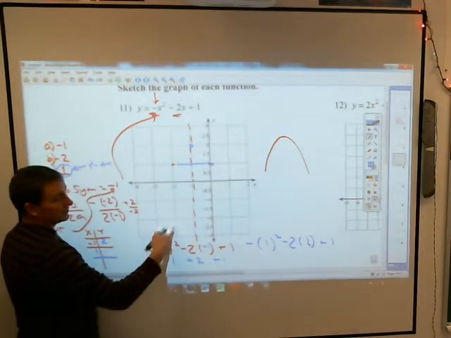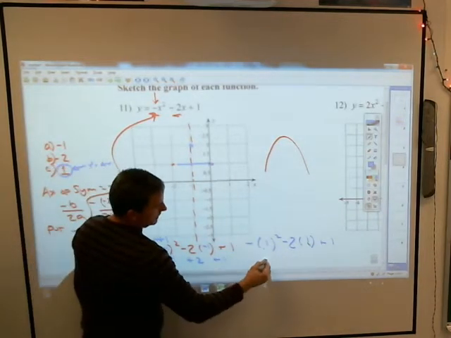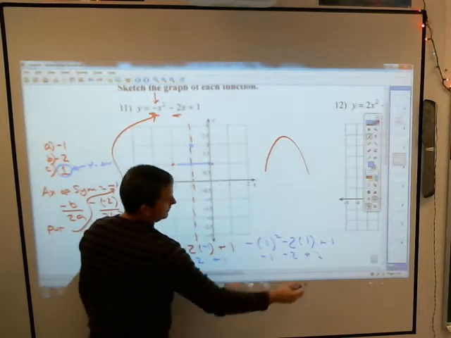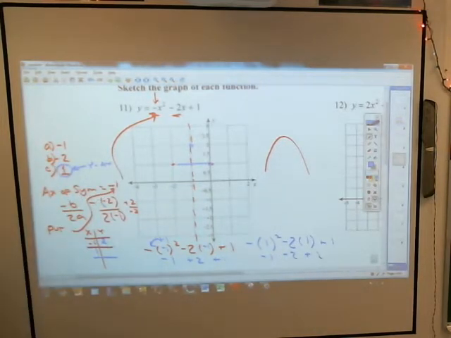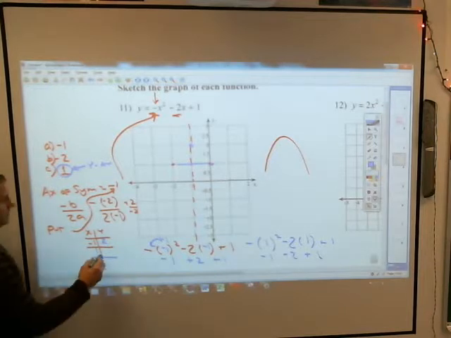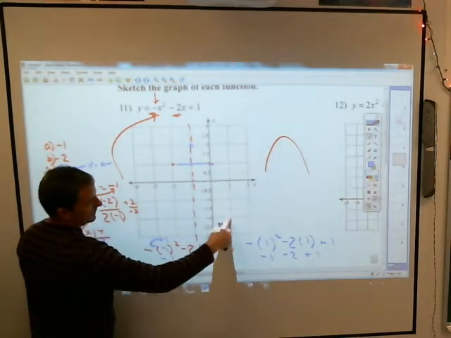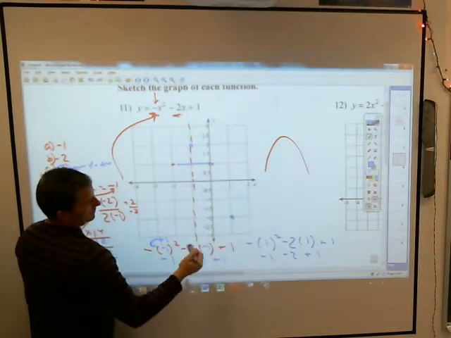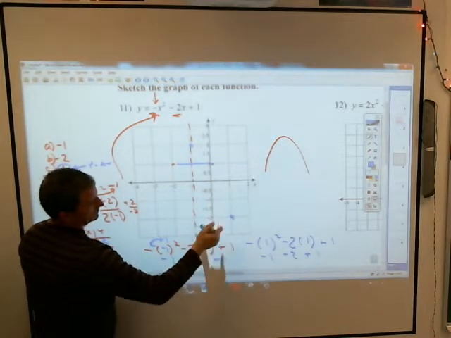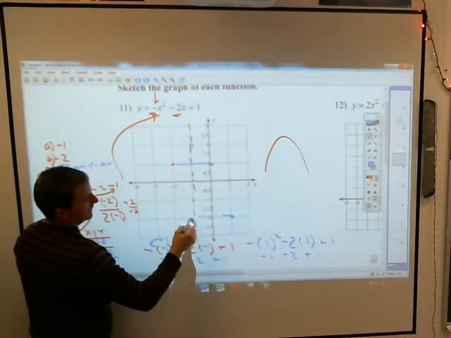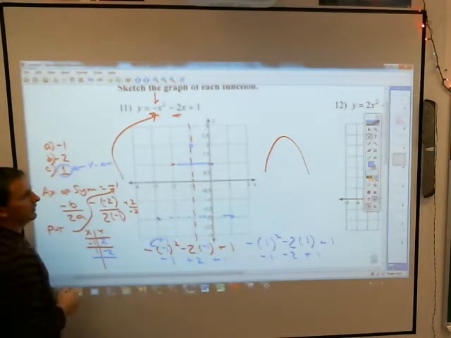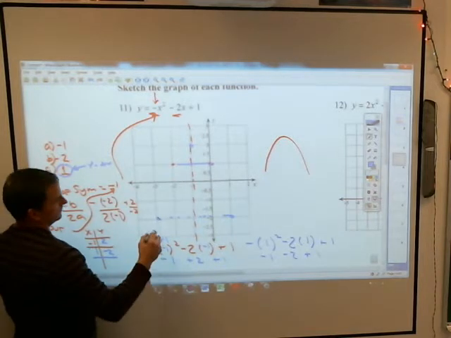Last time I put negative 1s in there because that's my axis. Negative 1, negative 2 plus 1. 3 to the bad, 1 to the good gives me a negative 2 for this. So here at 1, it's negative 2. And because this is symmetrical, this is 2 that way, I go 2 this way and put another point. There is everything I need to draw the world's best parabola.